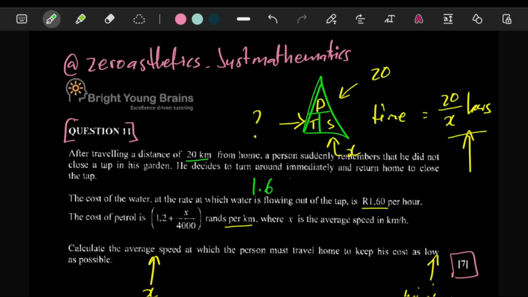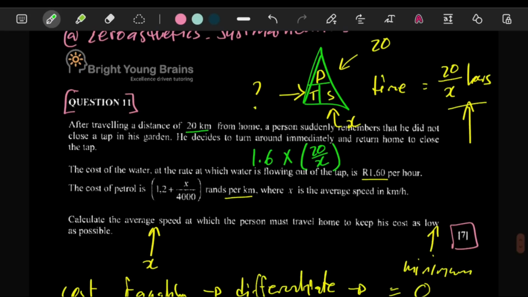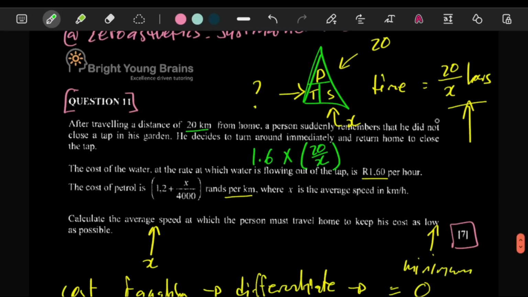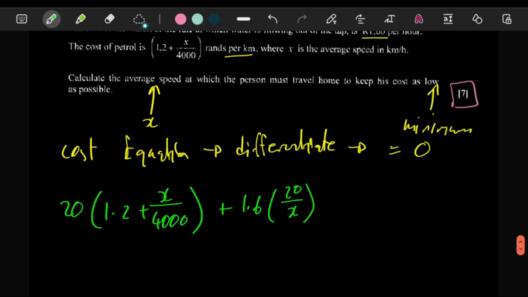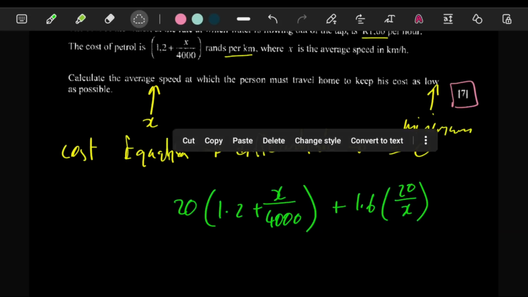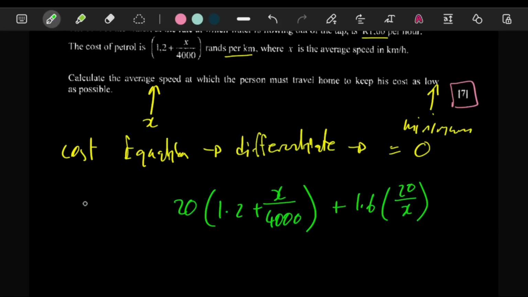It's going to be 1.6 times the number of hours that it takes traveling. So the cost of the water is going to be 1.6 for every hour that he'll be traveling. This is your cost equation. This cost equation, you're going to need to simplify it, differentiate it, and equate it to 0.